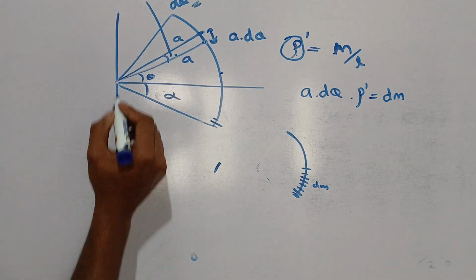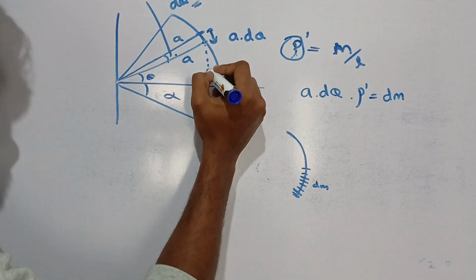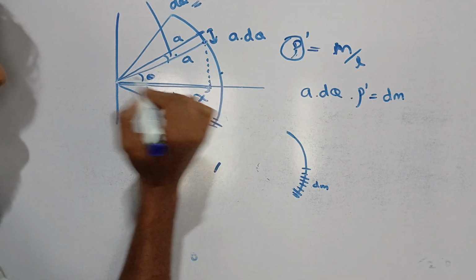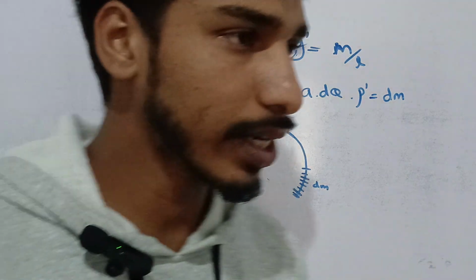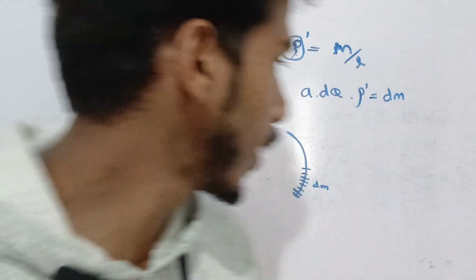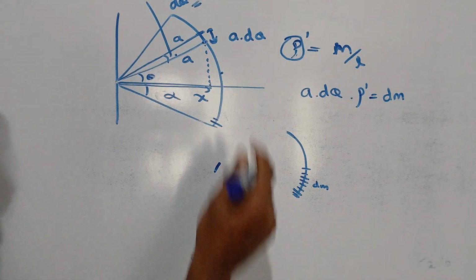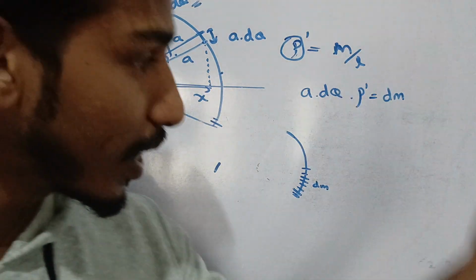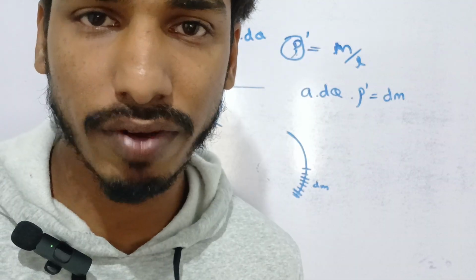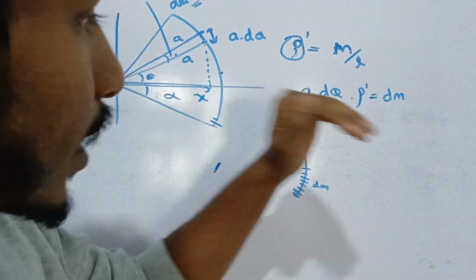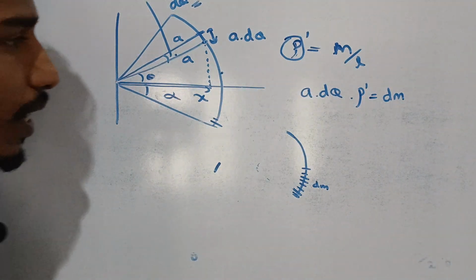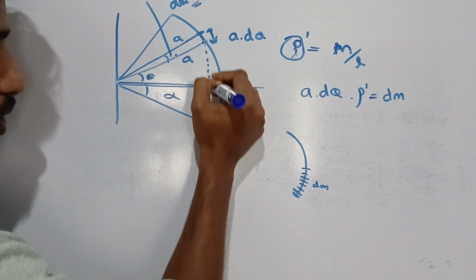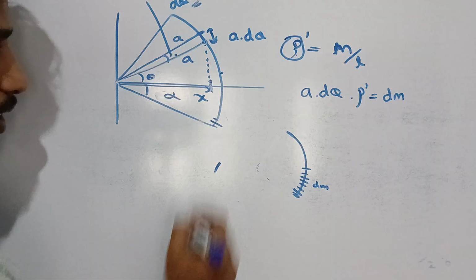Be careful, it's actually located at a certain distance, let's say x. By the principle of moment, the moment created by each individual piece equals the resultant moment times its center of gravity. From that concept we start getting this. We should know at what position it is present.